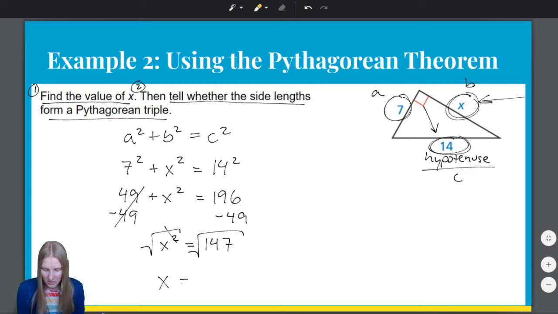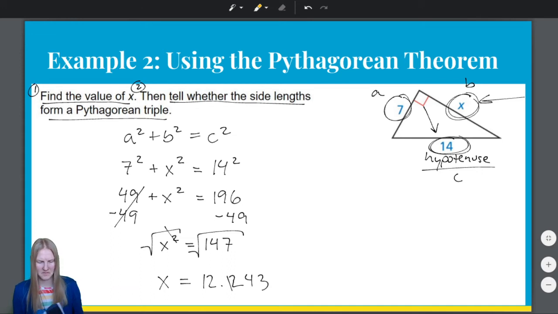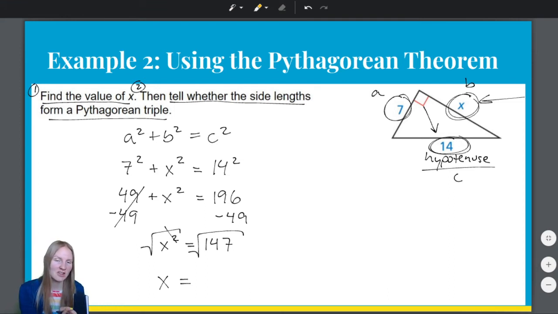And x equals, wait a minute. Can I find the square root of 147 nicely? I get some big long decimal. Now, sometimes the big long decimal is okay, but there's a difference between finding the exact side length and finding an approximate side length.